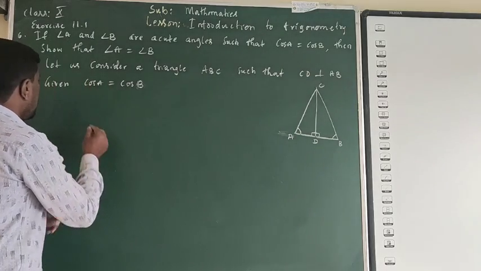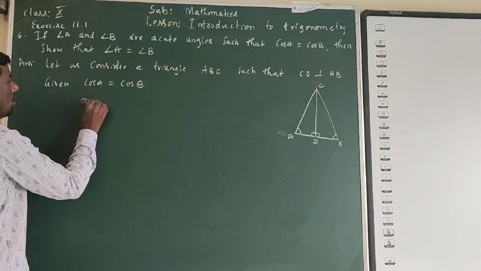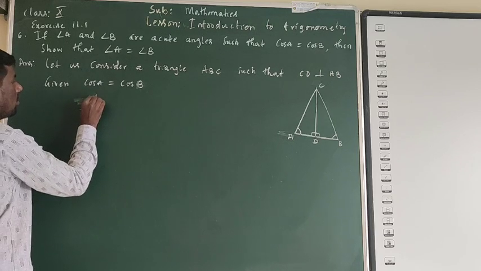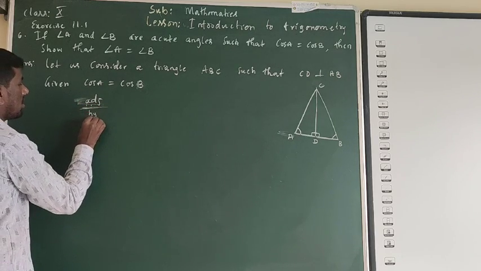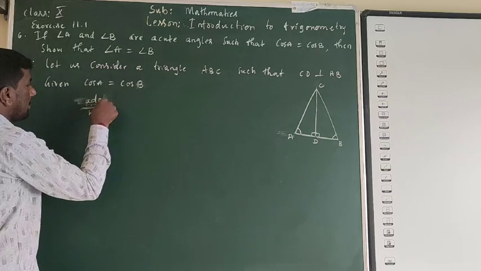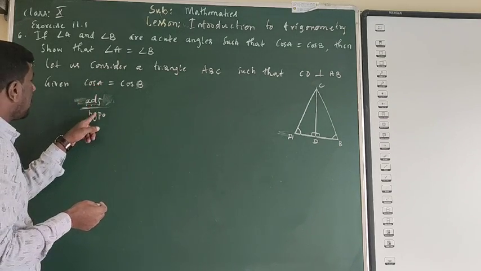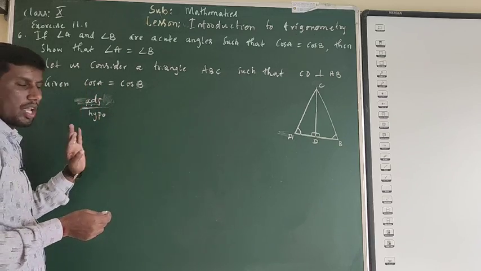Now for cos A, we know that it is adjacent to hypotenuse. This is with respect to angle A. So you can observe that it is adjacent to angle A, hypotenuse to angle A. This is cos A. Okay.